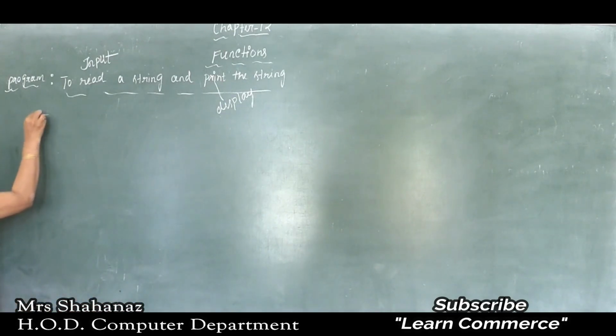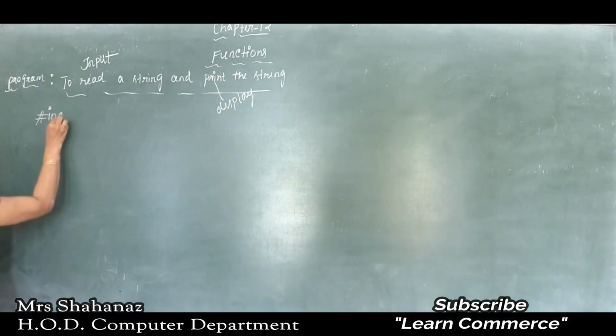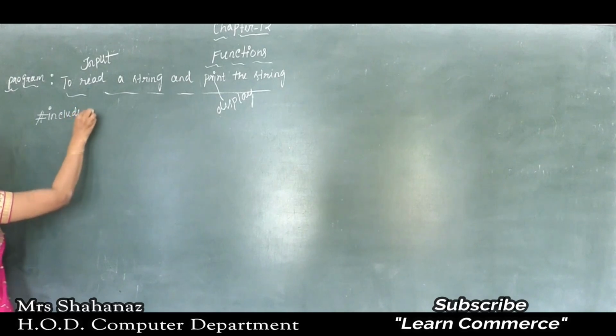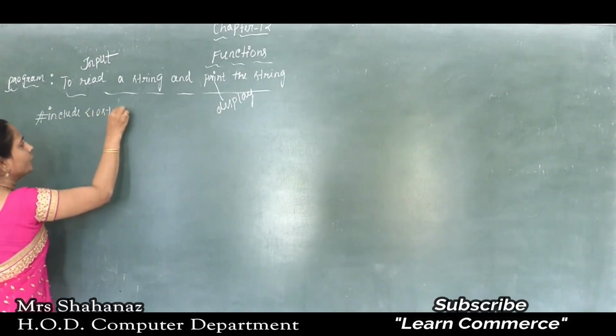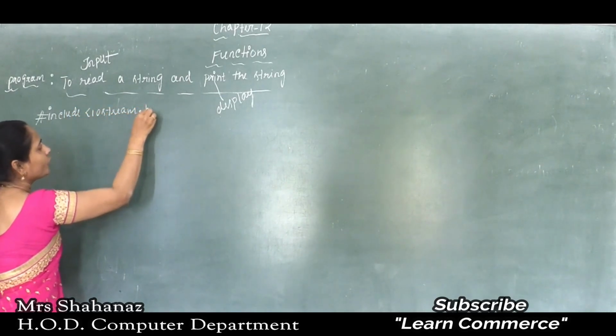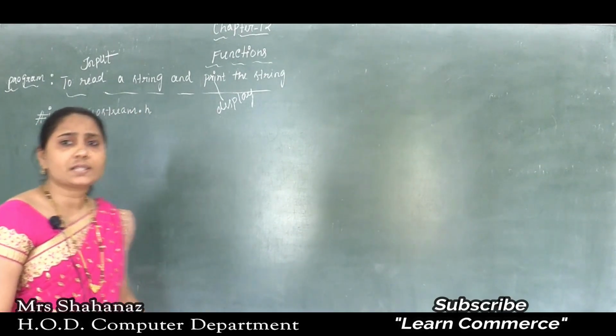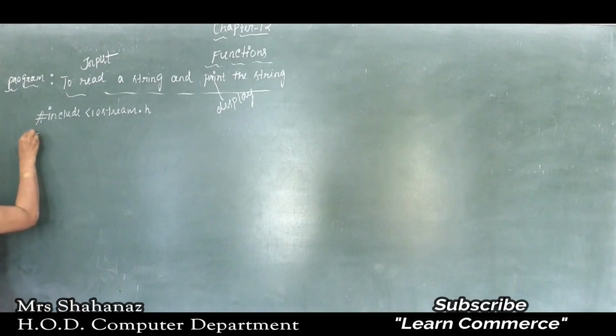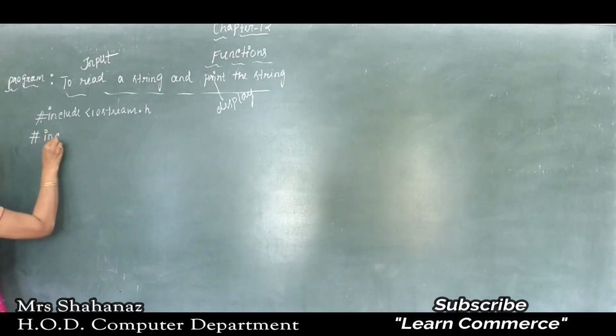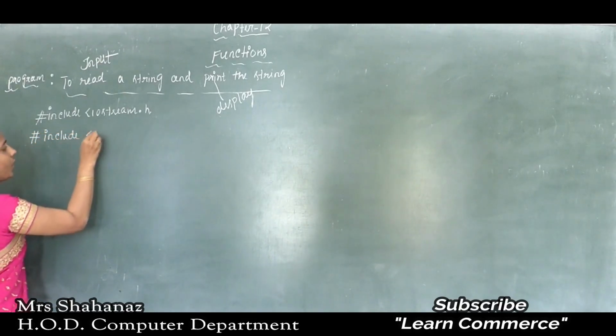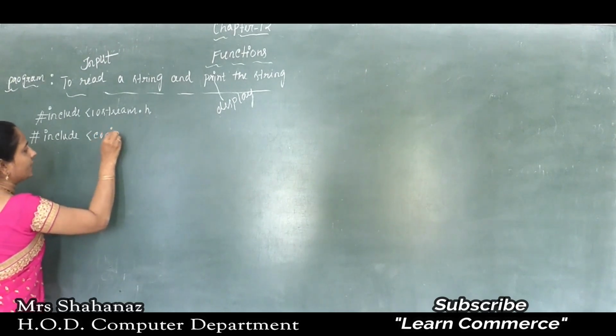First of all, we start from the header file. The header file is iostream.h. And next, the second header file we need to use is conio.h.